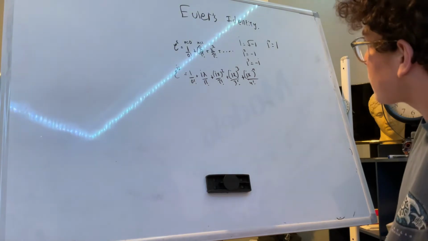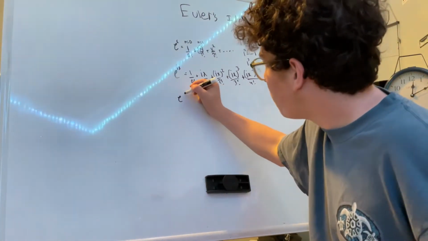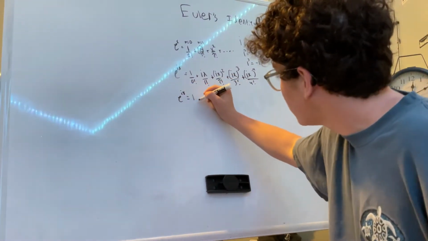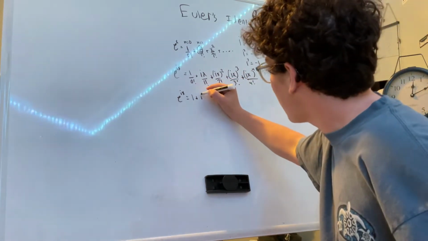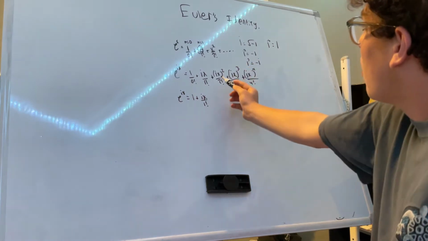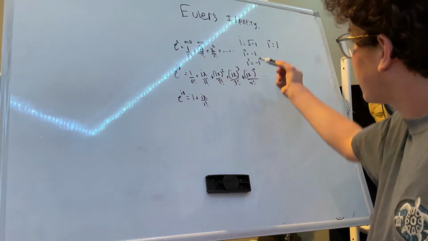Now, by simplifying, we have 1, because 0 factorial is 1, remember that, plus ix over 1 factorial. Now we see ix squared over 2 factorial. Remember, i squared is negative 1.